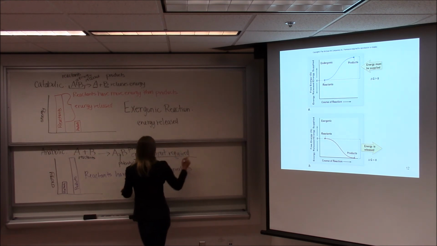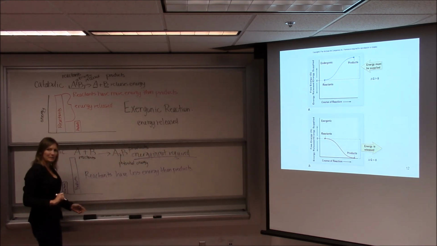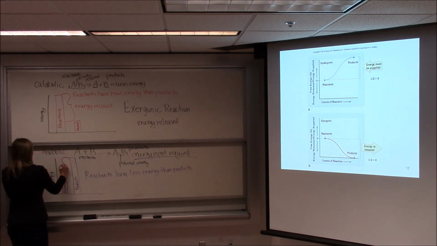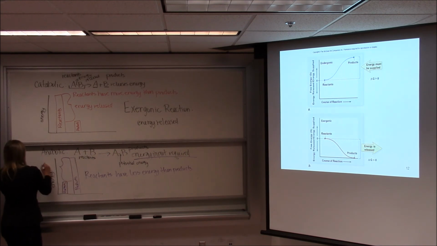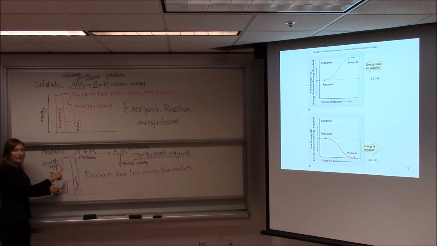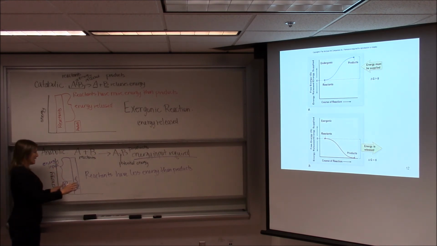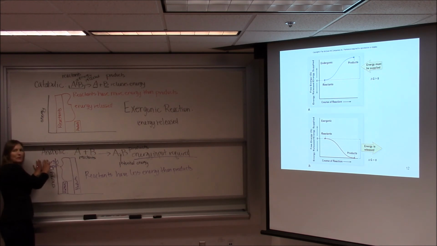Energy input is required, and the amount of energy input that's required, again, is equal to the difference between the two. So this is the amount of energy input that's going to be required. The difference in energy between the reactants and the products. Again, that makes sense. Bank balance. If this is your starting balance, and this is your ending balance, this is how much money you had to input to get to that balance.